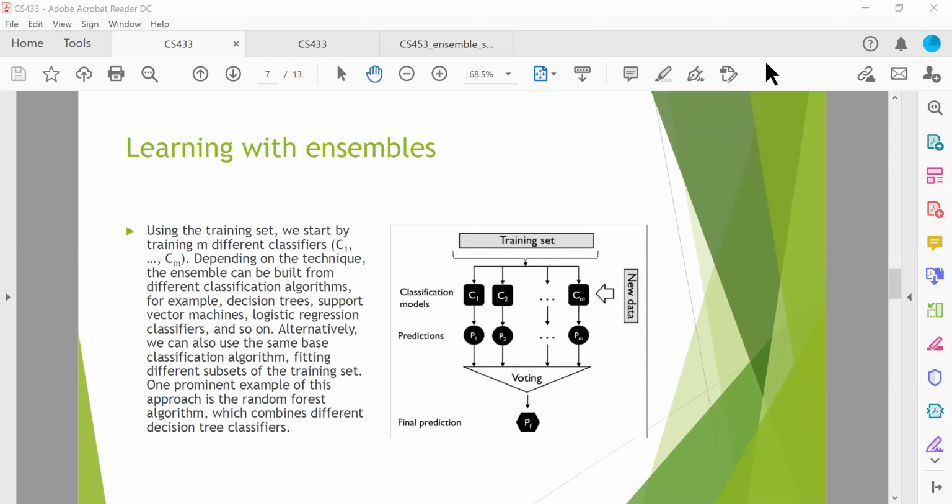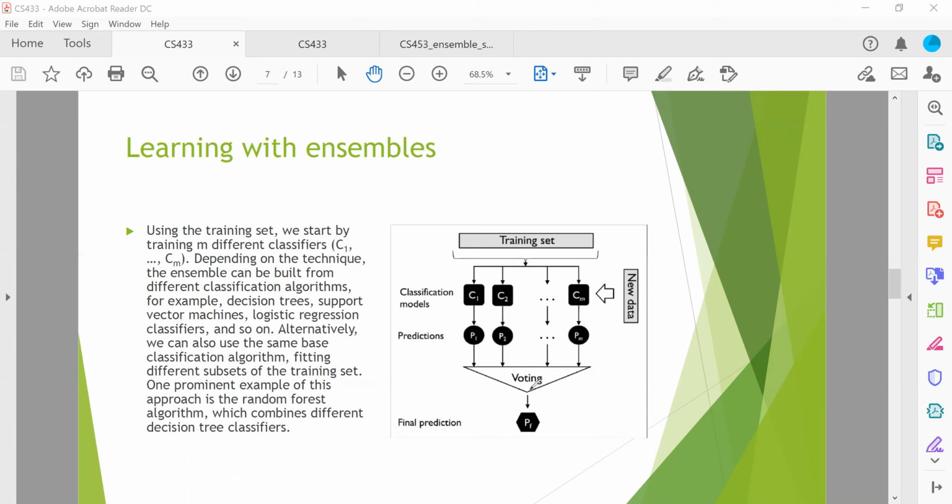So what is the idea behind bagging? We have a training set and then you have different classification models. For each of them you can apply a different training data set, and then you make a prediction.